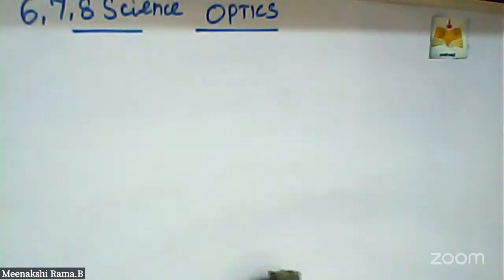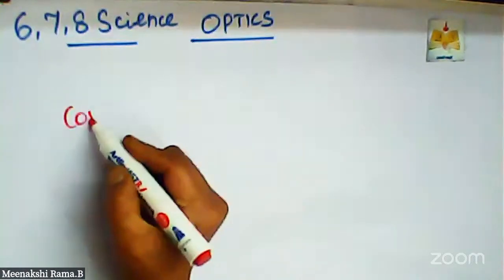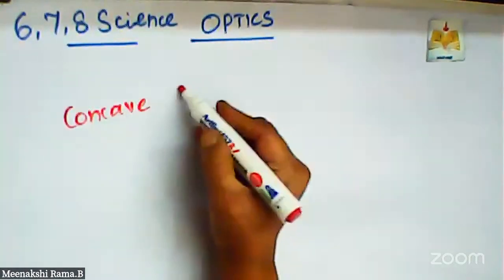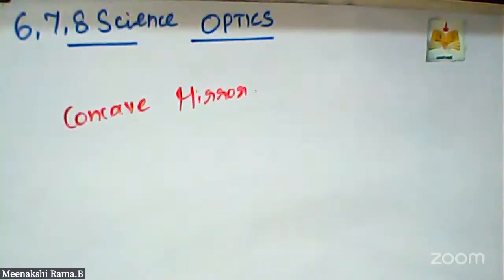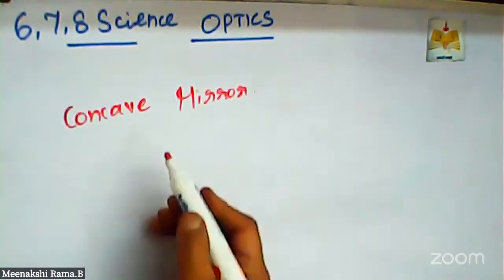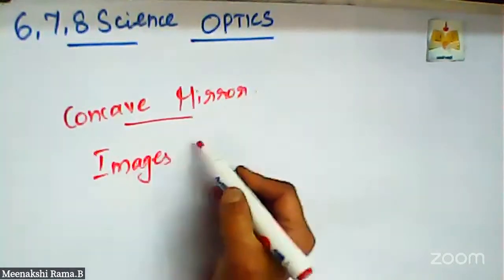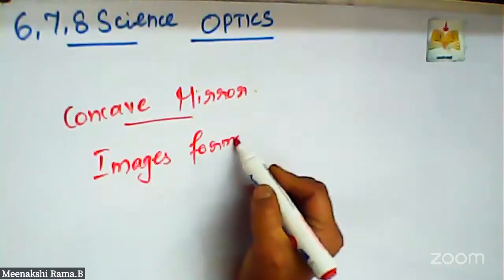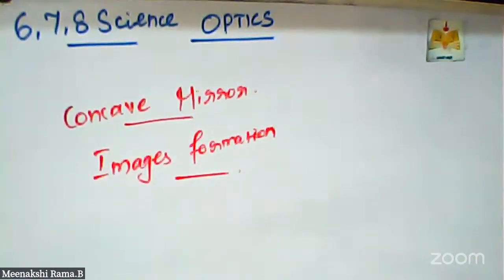We already studied in the last session what kinds of mirrors and lenses there are. First we are going to see the images formed in a concave mirror. How are the images formed in a concave mirror?